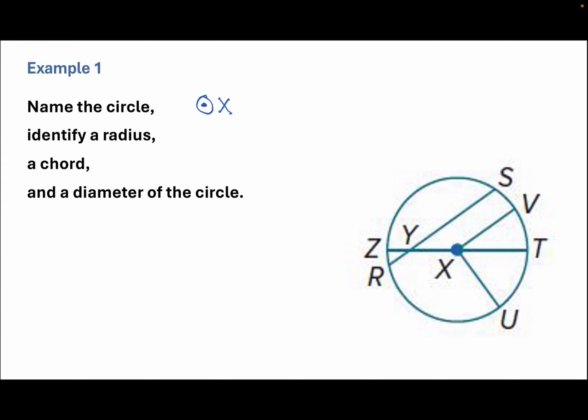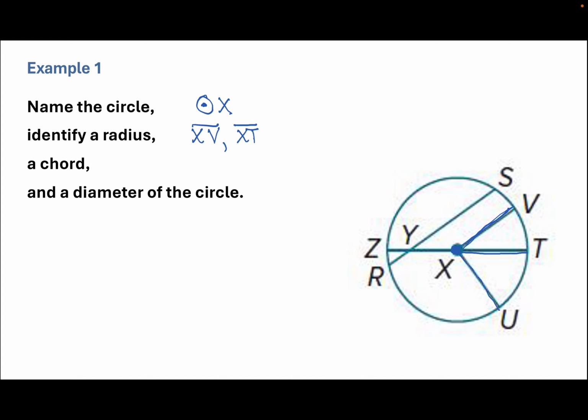To identify a radius, we can start at X and go to any of the points on the circle. So XV is one of the radii that has been created for you. That's one. Well, are there others? Sure. X to T would be a second one.